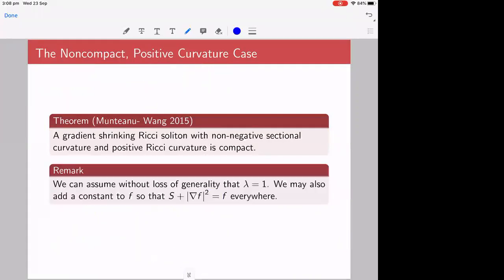All right. So to start off with, let's make a remark and a without loss of generality assumption that we can make to simplify the proof.